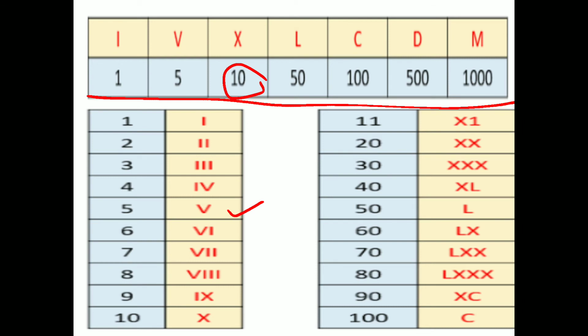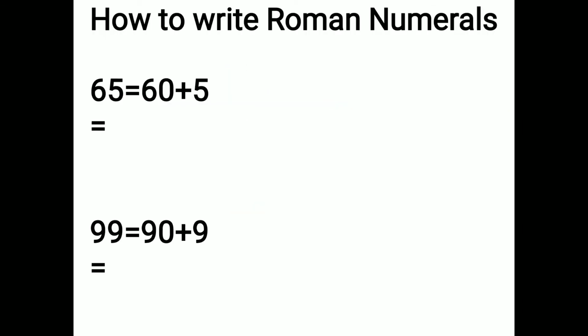Now we will learn how to write Roman numbers first. Now see, the given question is, write the Roman number of 65. So I explain 65. 60 plus 5. How do we make 60? 50 plus 10 plus 5. Clear?